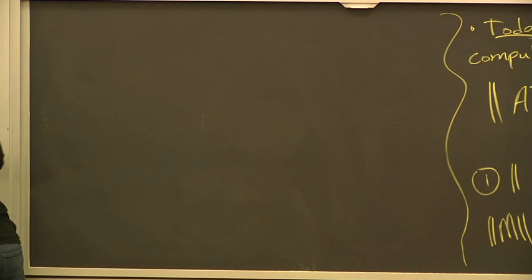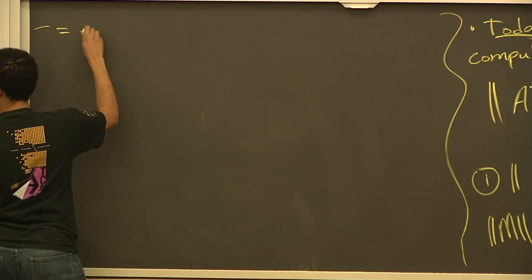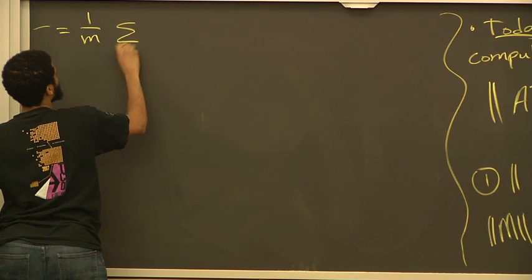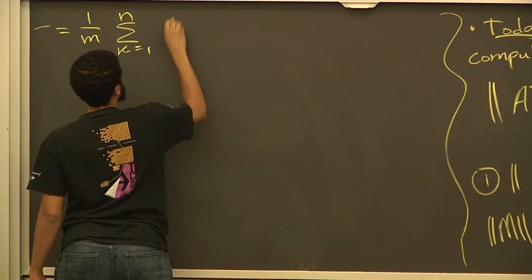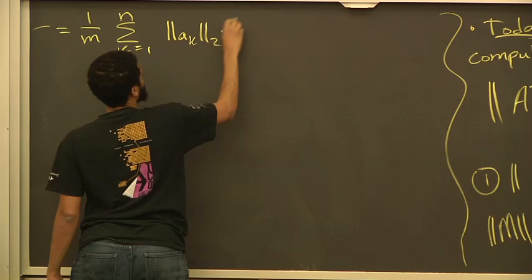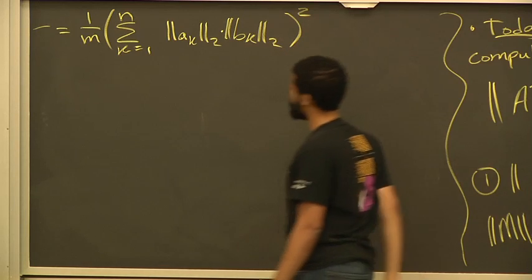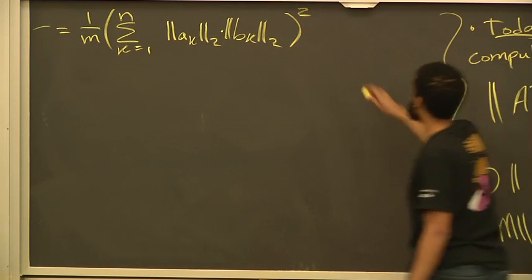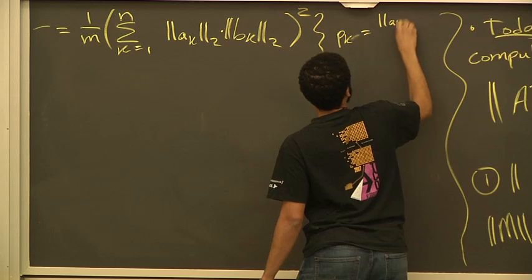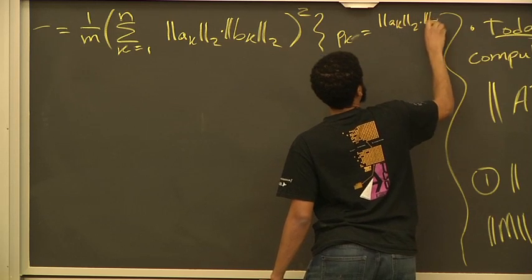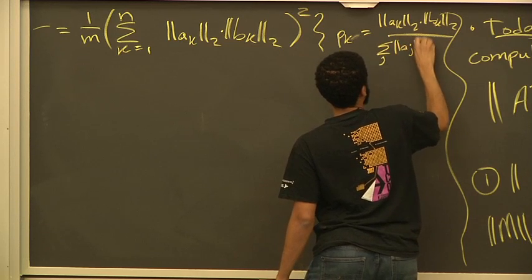So this thingy is equal to, by definition of pk, 1 over m, sum k goes from 1 to n, of the L2 norm of ak times the L2 norm of bk, squared. This is just because pk is equal to ak bk over the sum over all j of aj bj.